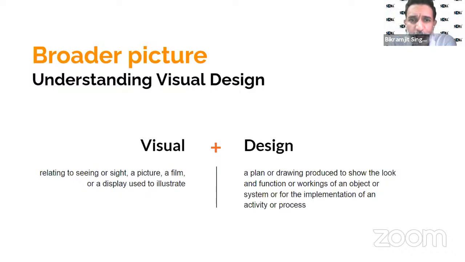So we are here imparting education regarding visual design. So visual is what? Visual is a graphic, correct? It may be a film, it may be a picture, any site, illustration could be there. So which we can see, that is visual.